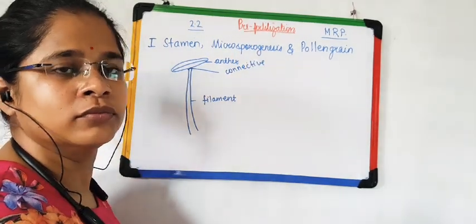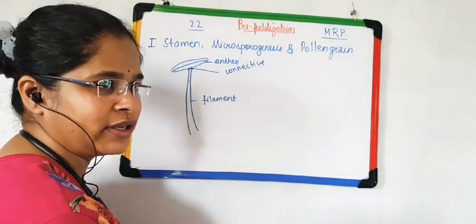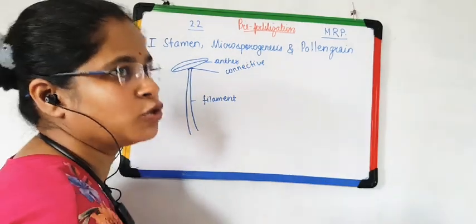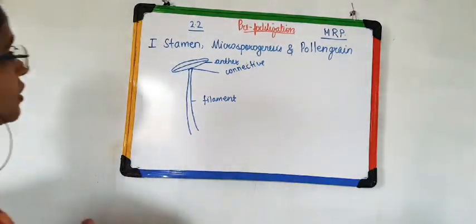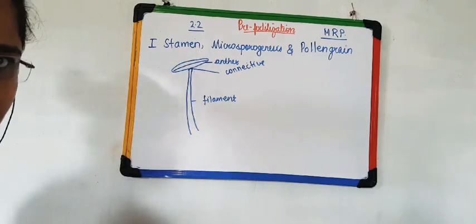Okay, understood? I am writing in a very small font size because of the availability of very limited resources, so kindly bear with that. Okay, so anther, filament, connective.